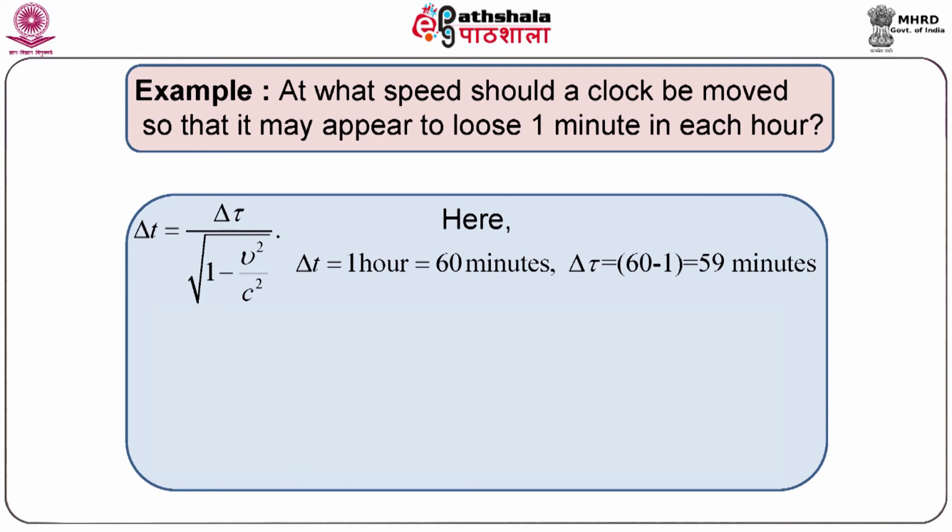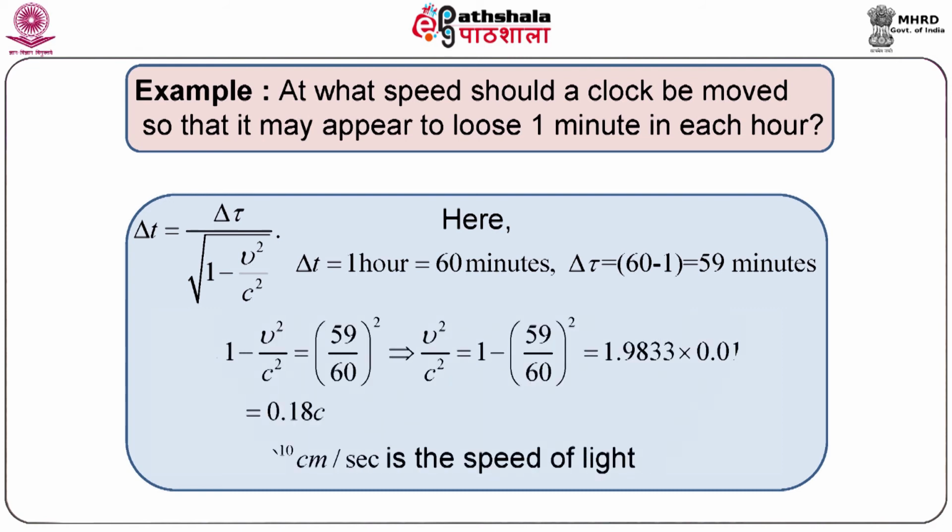So, Δτ is 60 minus 1, that is 59 minutes. Substituting these in this equation, we get this result. Shifting v squared by c squared to the right hand side and 59 divided by 60 squared to the left hand side, we get this one.